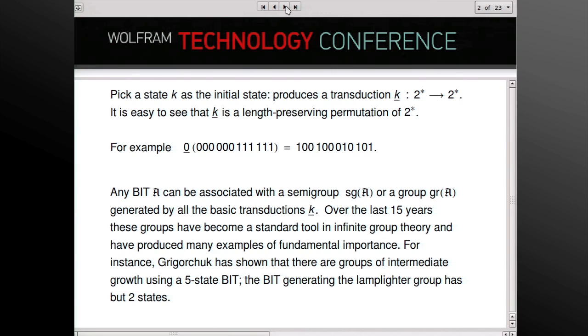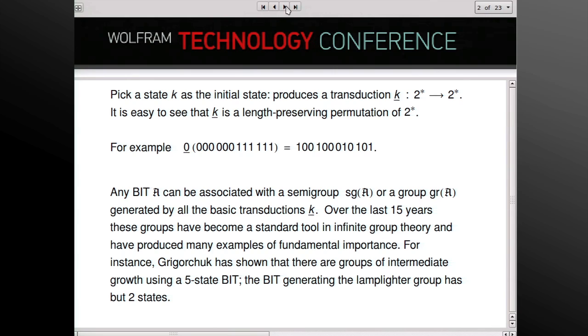And it turns out in the last 15 years or so, the groups that you can describe in terms of these finite state machines are the standard counterexamples for any conjecture you may have in group theory. If you have a good idea, you can always shoot it out of the water by constructing the right group using these very, very simple finite state machines.